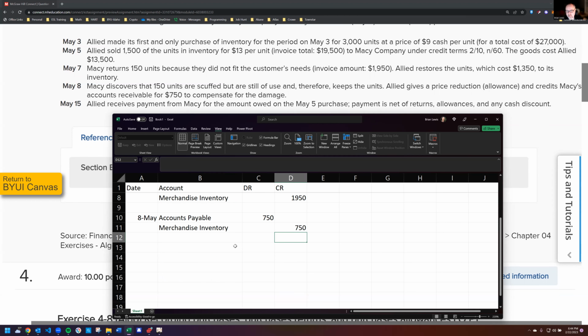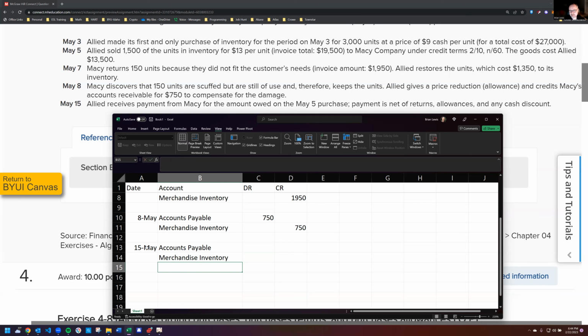Okay, so let's go here first. So first of all, we know that there's a reduction in accounts payable. So we know accounts payable is one of the accounts. We also know that because they're taking a discount, the discount is going to come out of inventory, so there's going to be a merchandise inventory value.